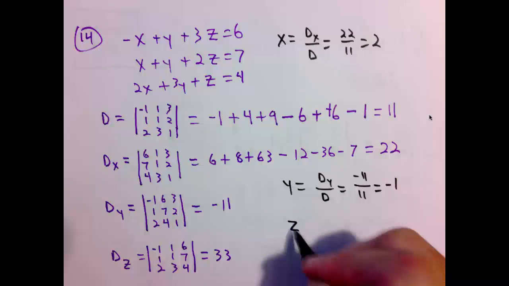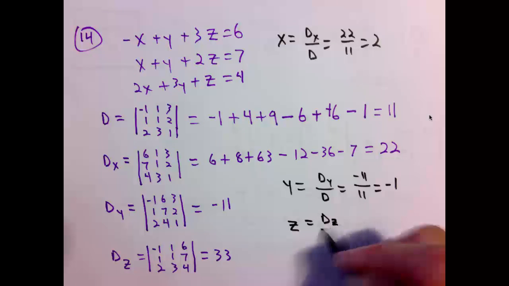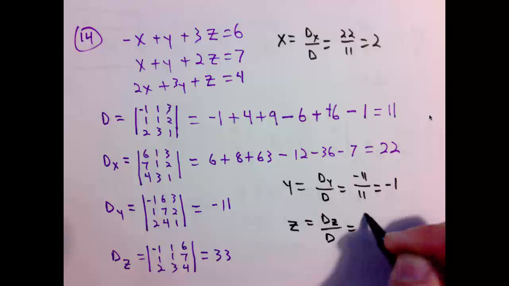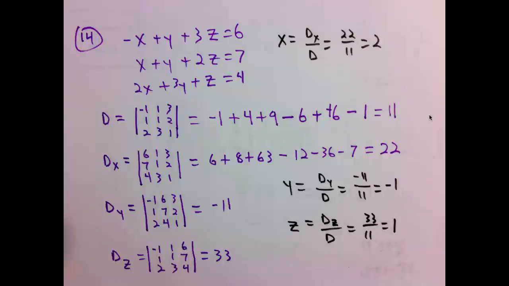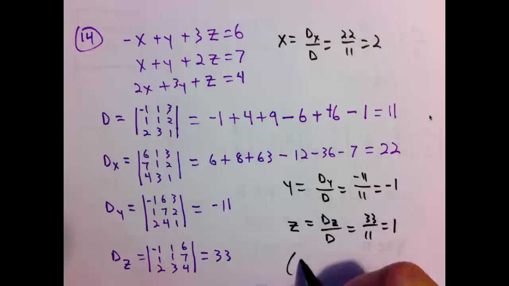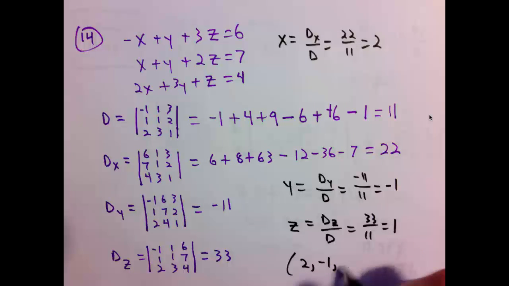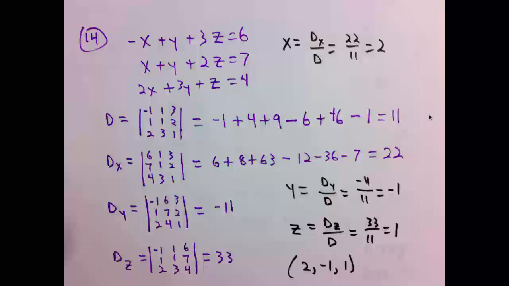And z is going to be Dz divided by D, that's 33 divided by 11, and that is 1. So I record my solution as the ordered triple 2, negative 1, and 1. And if you substitute that into the original, you'll see it satisfies it.